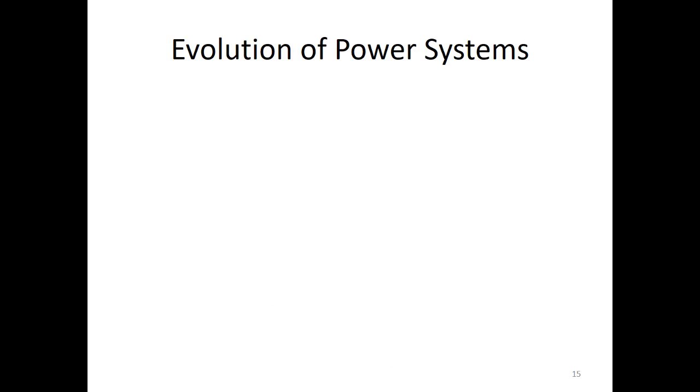So let us see the evolution of power system. How the power system evolved. In fact, when the power system started in the initial days, it was called the isolated power system. Isolated means only one generator sometimes supplying power to a community, to a campus, something like that.